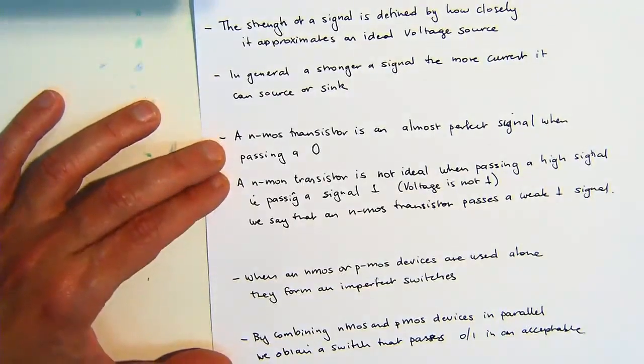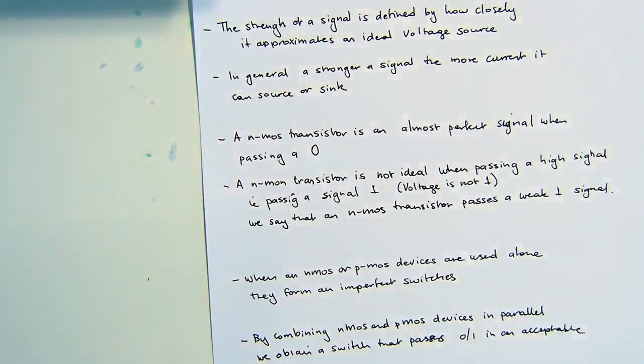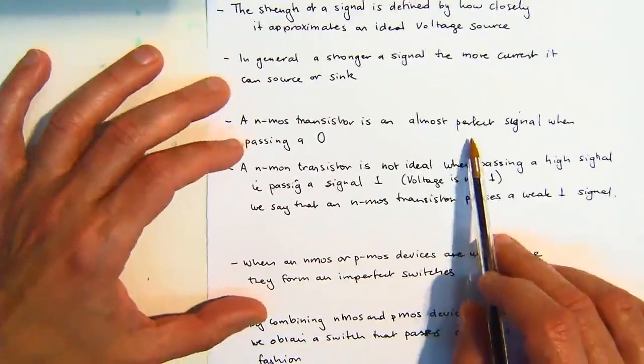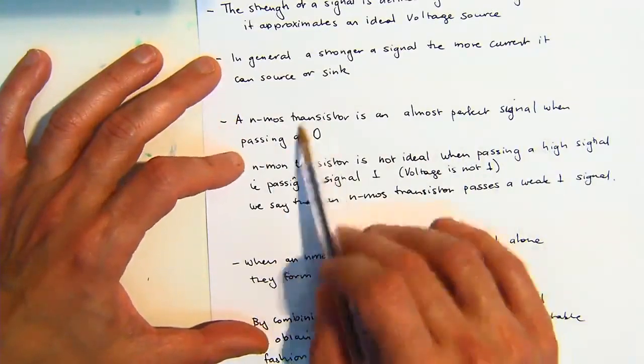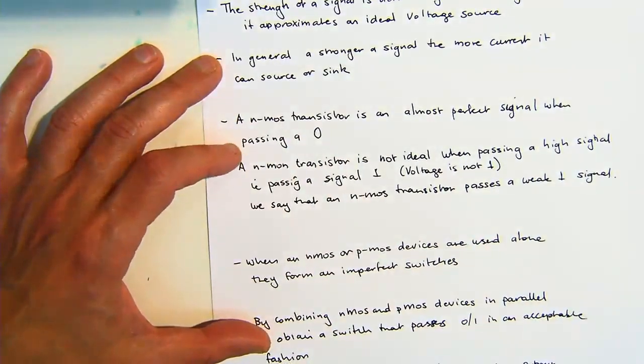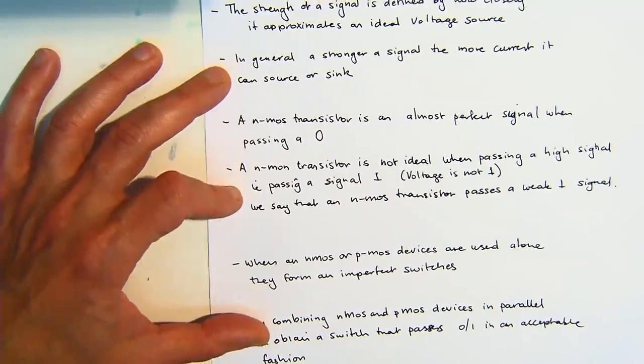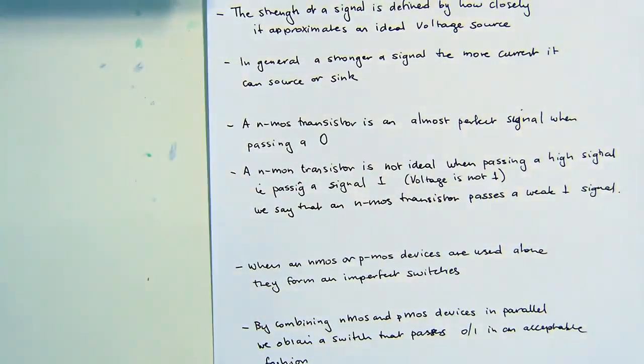The important thing here is that an NMOS transistor is almost a perfect signal when passing a 0 or low signal, but it's not ideal for passing a high signal, right? Because you can think of it as having some internal resistance, and therefore it doesn't act like an ideal voltage source.